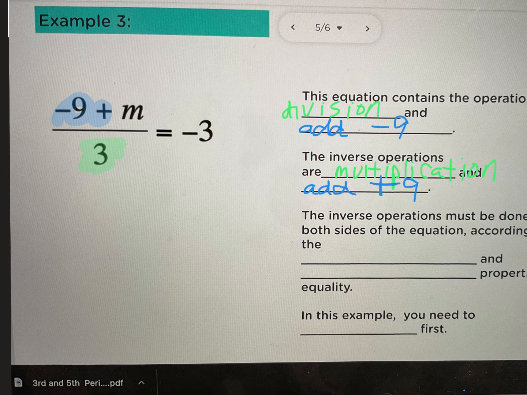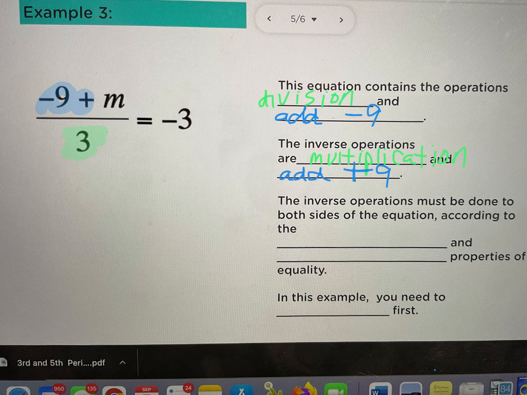And you can pretty much copy and paste what you just wrote here. We have to multiply on both sides because of the multiplication property of equality. So you can just copy and paste. I'm being repetitive because I really want us to remember that term. It really will pop up at some point.